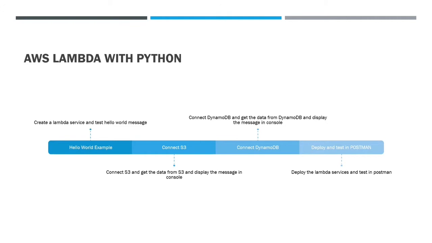Third one, we are going to use DynamoDB, create a database as well as a table, pull the data from DynamoDB, and display it in the test console. This covers all three services.